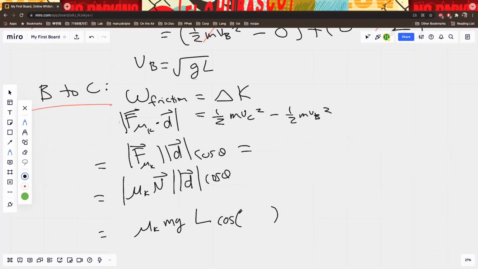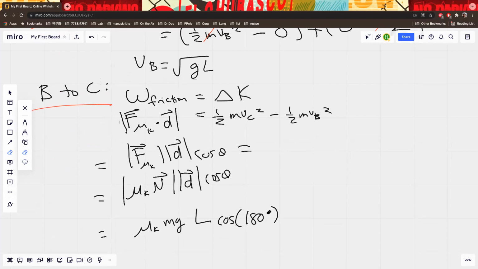Oh, sorry, I was thinking about friction to normal force. So it's 0. Oh wait, no, 180. Yeah, that's very important, because you said normal force, but we have to remember that in the work kinetic energy theorem, our work is the force multiplied by the displacement in the direction. We have a vector product.